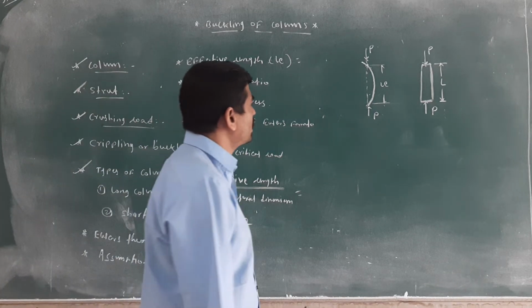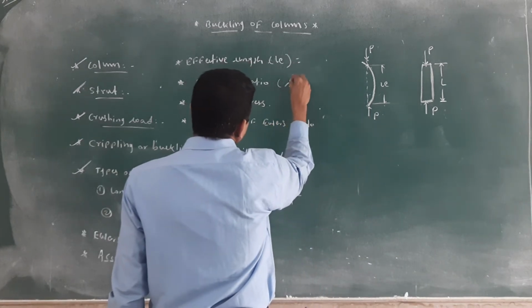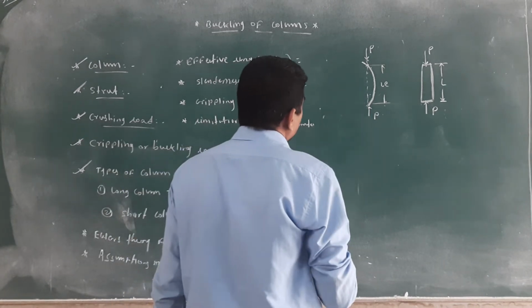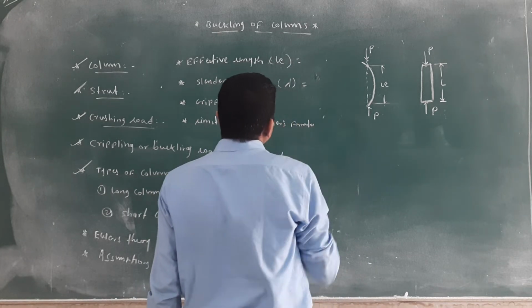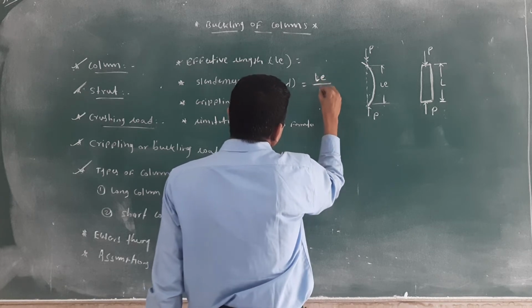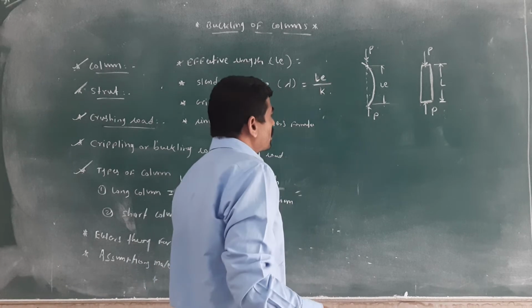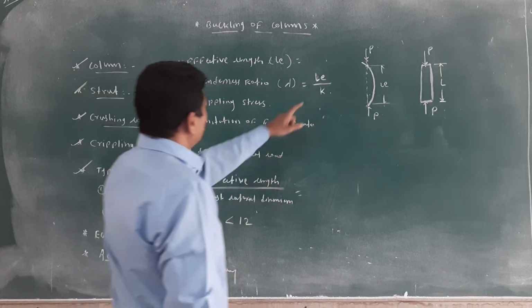Then next is the slenderness ratio. Slenderness ratio is denoted by lambda. Lambda is equal to the ratio of effective length to the least radius of gyration. Radius of gyration is denoted by k.